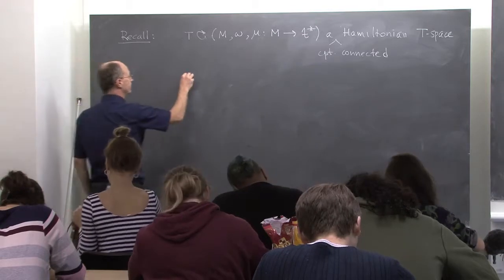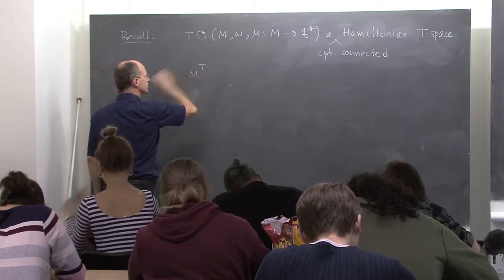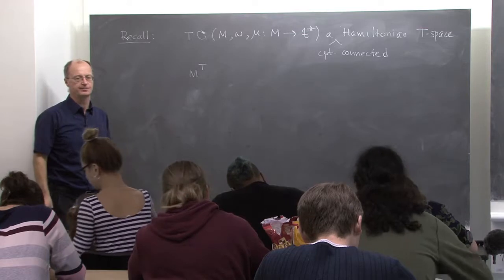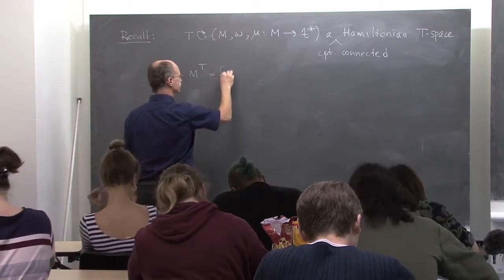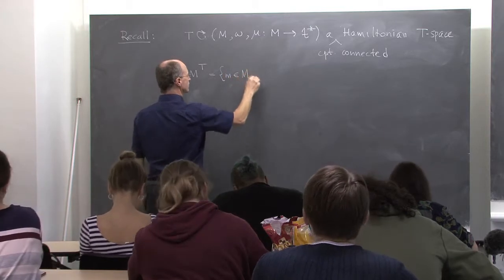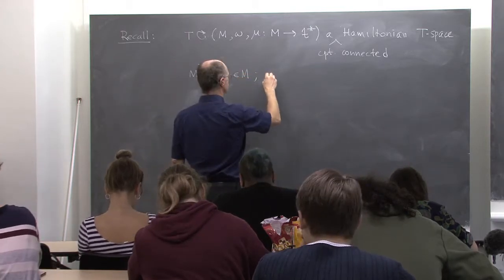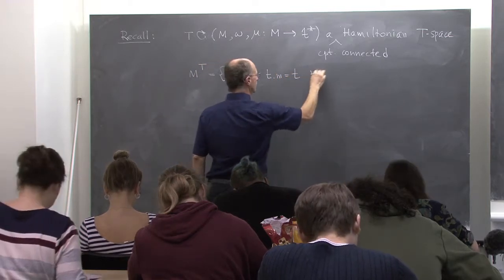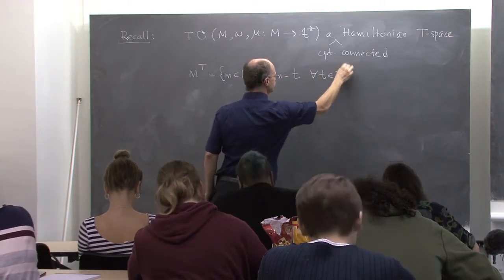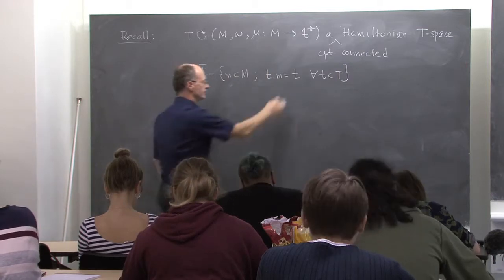And let's look at the fixed point set for the torus action, right? So these are points on M such that all elements of T map it to themselves, right?